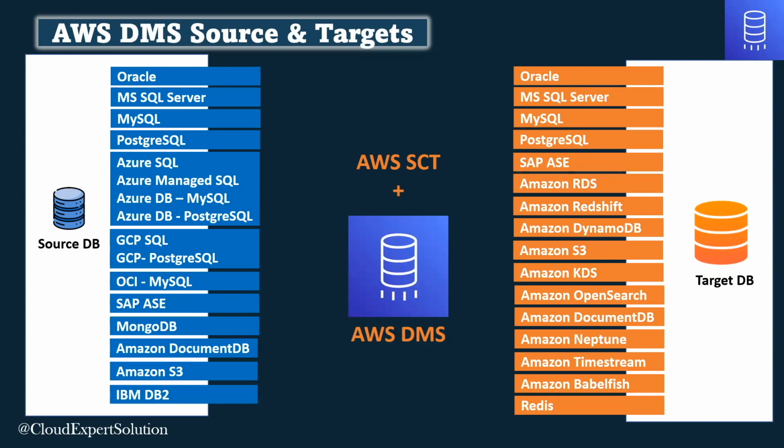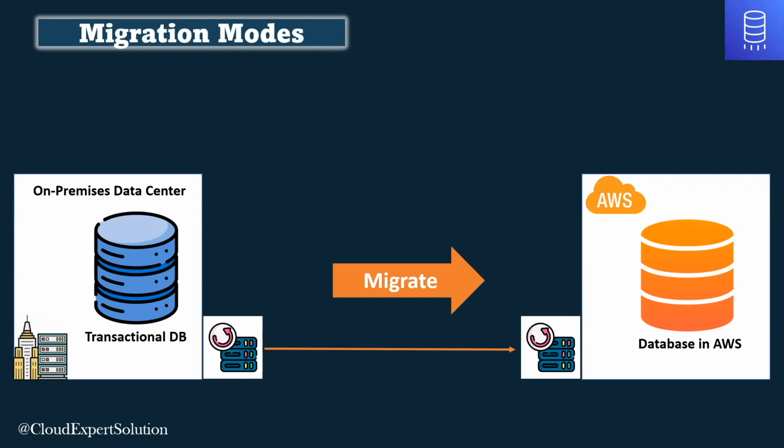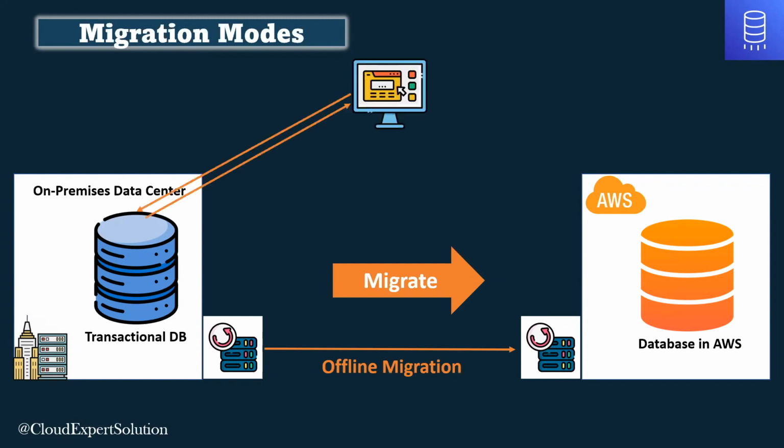Now, in terms of migration modes, we have two different modes. In option one, we can take a database backup, ship the backup to AWS, and recreate the database using the backup. This mode is called offline migration. But in most of your use cases, you will not see that migration, because you will have some application that constantly reads and writes data to your transactional database.